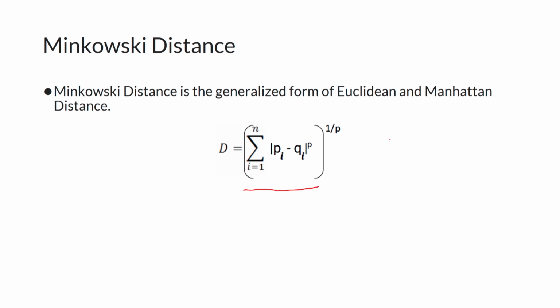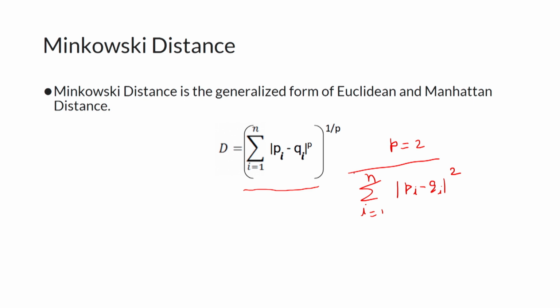If we take the value of p as 2, it will look like this: mod of pi minus qi to the power 2, with the root of order p, so we will have the square root.